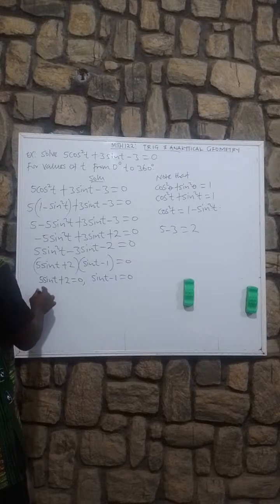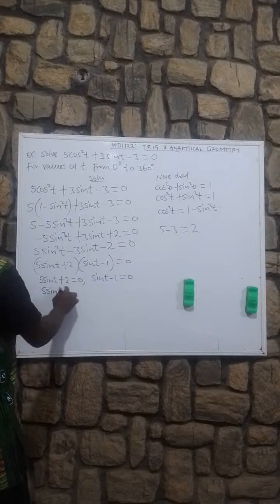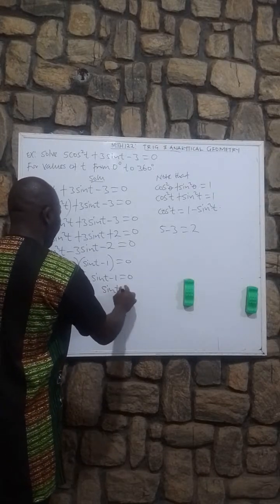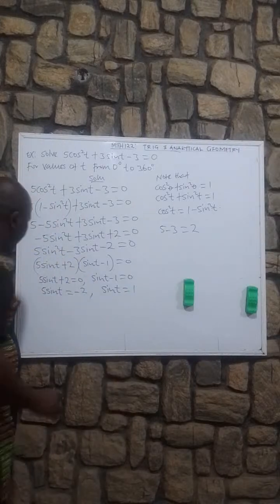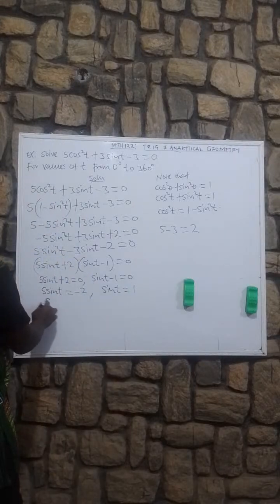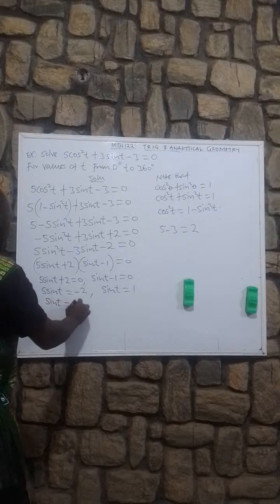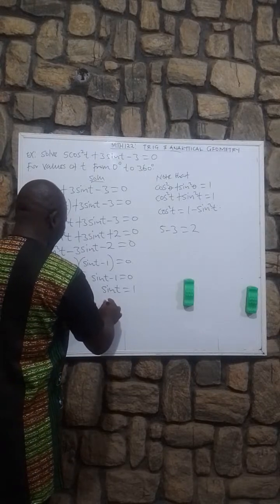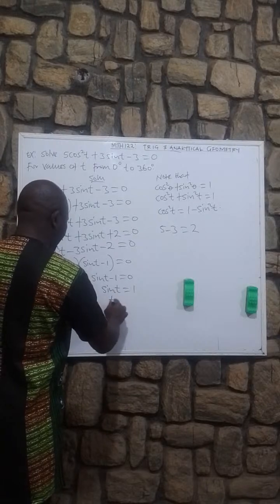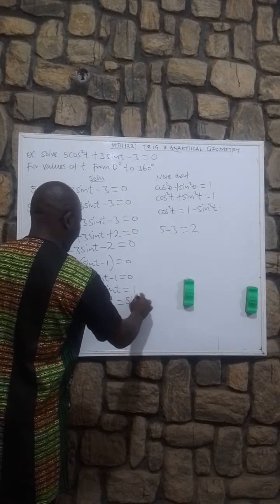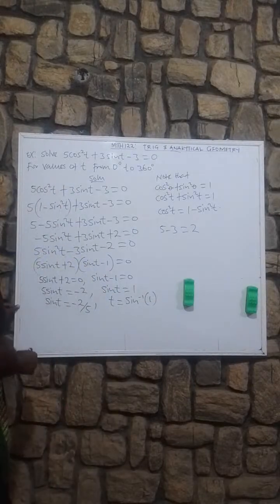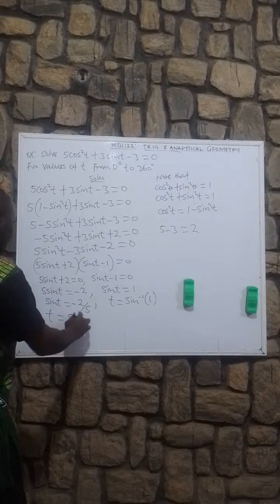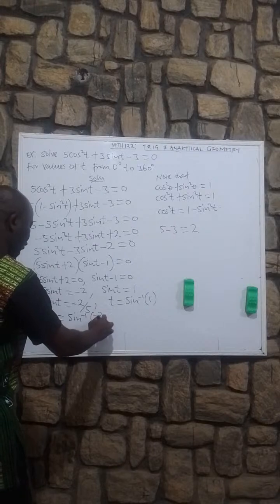It means 5 sine t is equal to minus 2, then sine t is equal to plus 1. Dividing through by 5, we have sine t is equal to minus 2 over 5. Then t would be equal to sine inverse of 1, and t will be equal to sine inverse of minus 2 over 5.